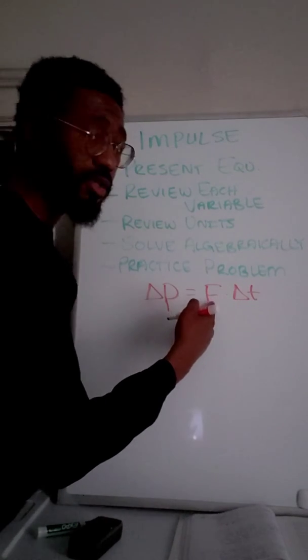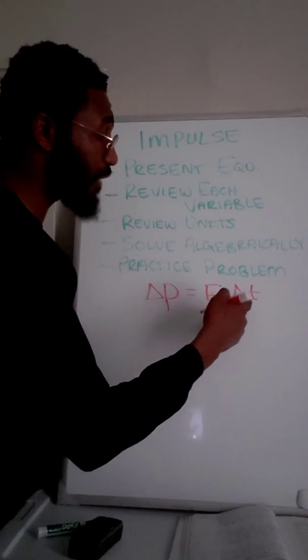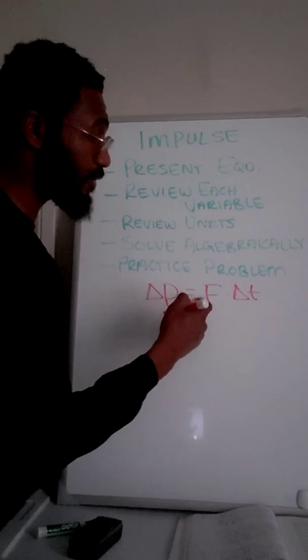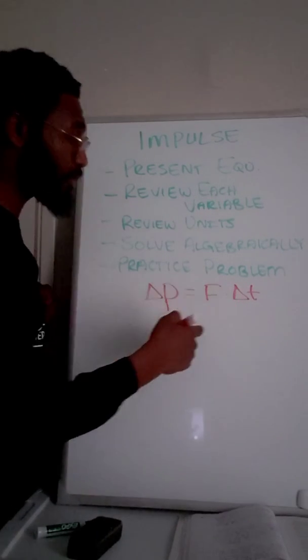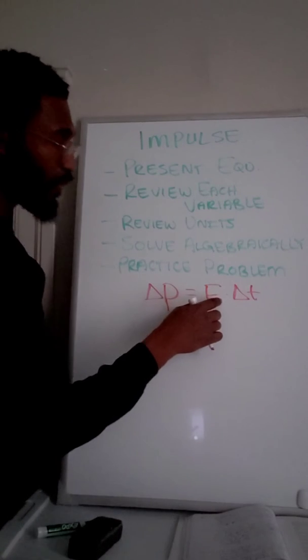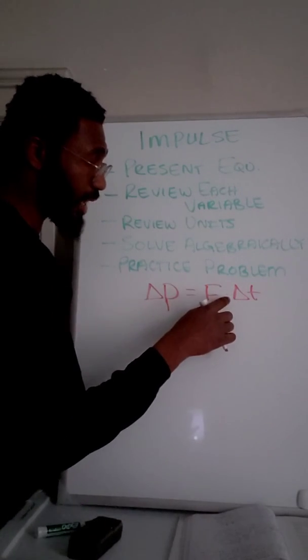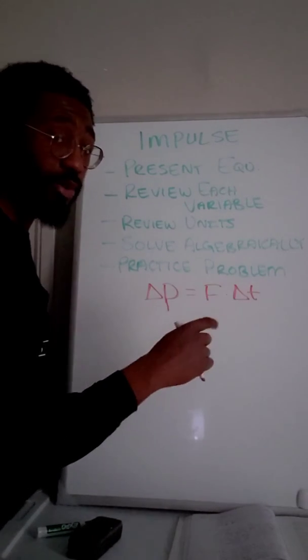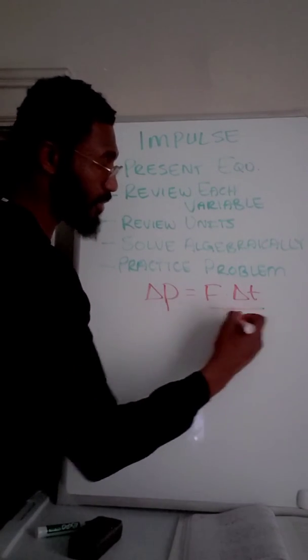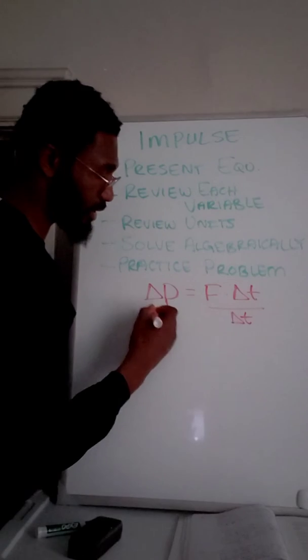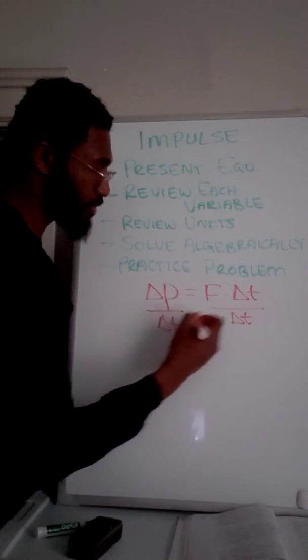If I want to get force by itself, I have to remove everything else away from force. So that means delta T needs to be removed. Now currently, force and delta T are being multiplied. So in order to separate them, I need to do the opposite of multiplication, which is division. So I'm going to divide by delta T on both sides.